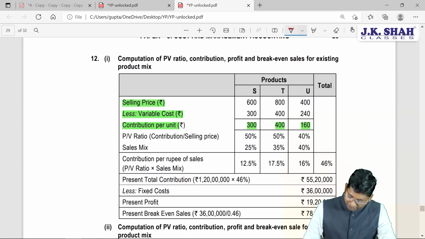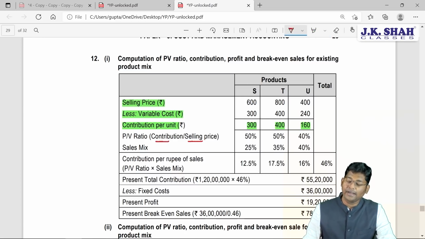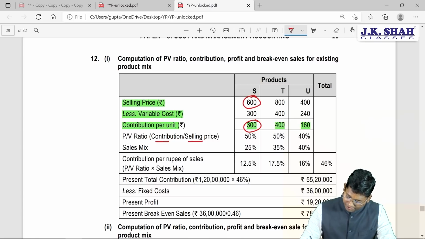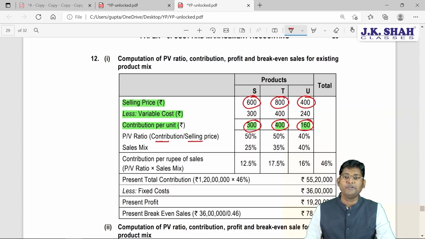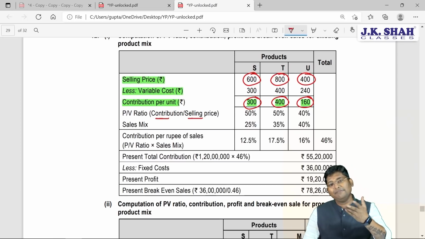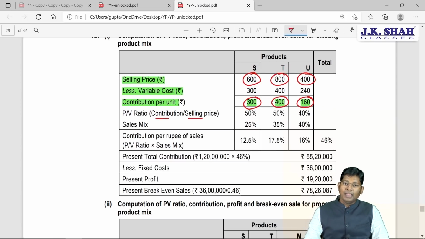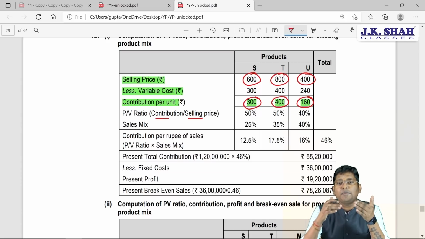PV ratio's formula is contribution divided by selling price into 100. Your contribution and selling price both are available. If you solve this, you are going to get the profit volume ratio, which is computed and given in front of PVR. Now PVR is given, but each product is not 100% out of the sales mix.